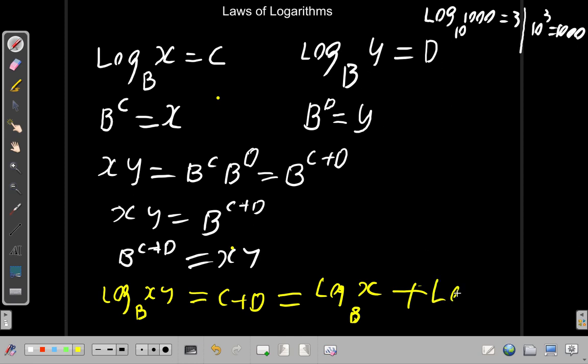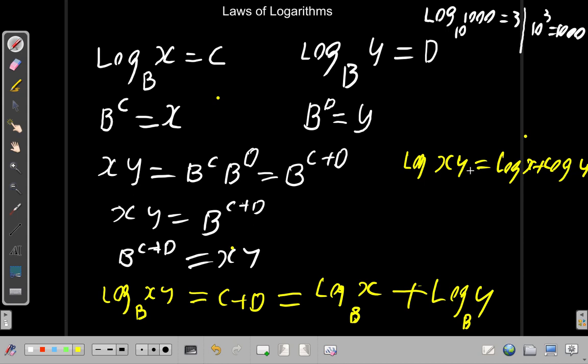So d is log of y and the base is b. Alright, so let's take a look at this. Oh, look at this. What this is saying is log xy is equal to log x plus log y.